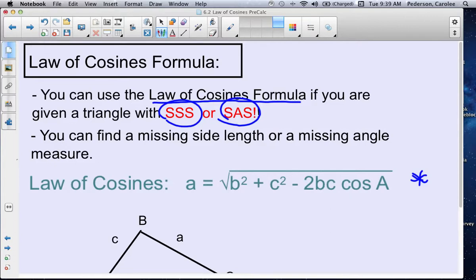So go ahead and write down those pieces that I've highlighted on the smartboard in your notes.